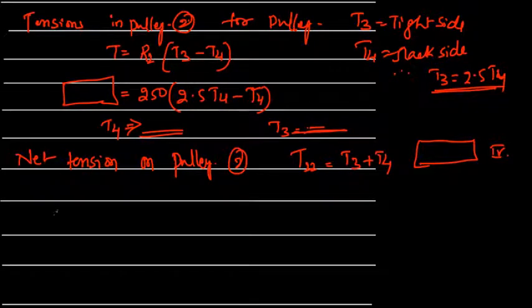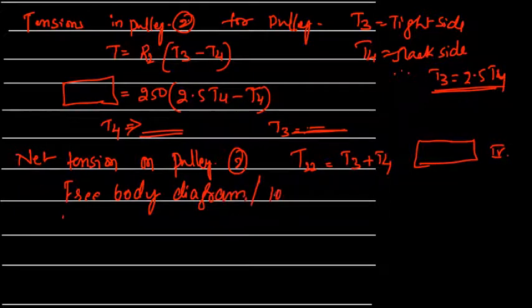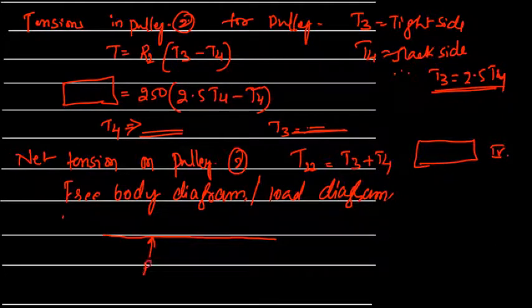So based on these tensions, let us go for the free body diagram, or load diagram. Now let us consider this is the shaft here. It has a support RA, and it has a support RB.